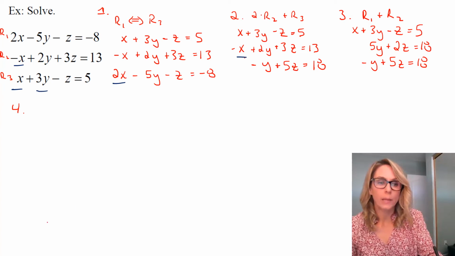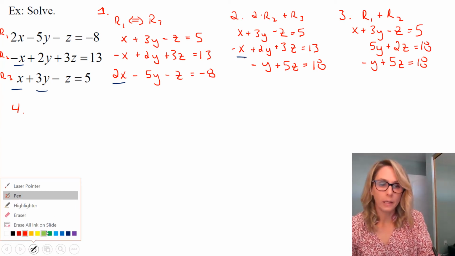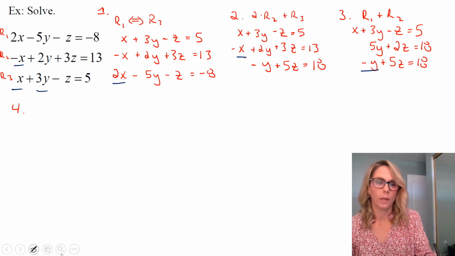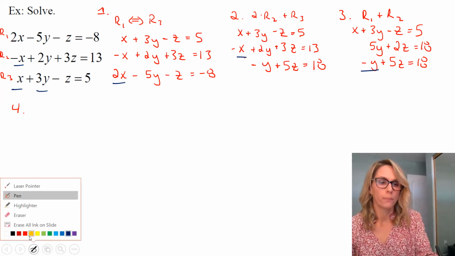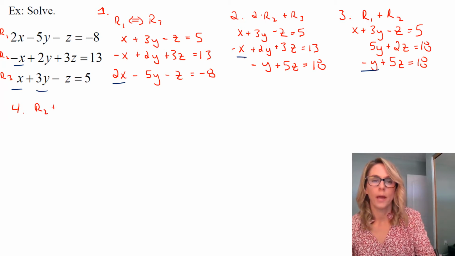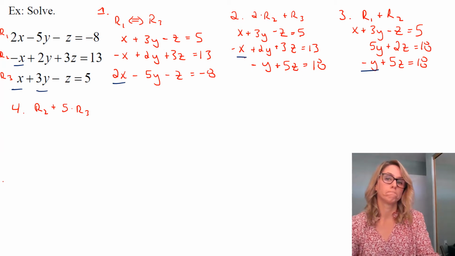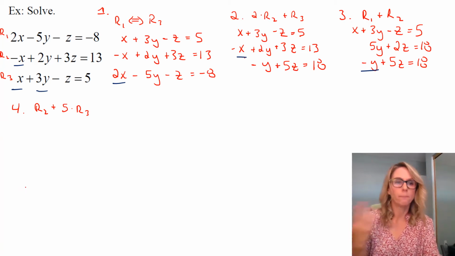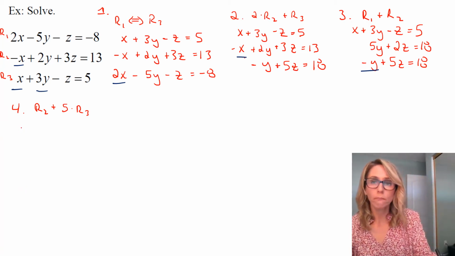We don't want to add any more variables back in, and so that makes it important that we eliminate that negative y. So notice the only way to do that is if we take row 2 and add it to 5 times row 3. So if I multiply 5 times row 3, I'll have a negative 5y, and then I add it to row 2 where I have a 5y, and then that y will be gone.